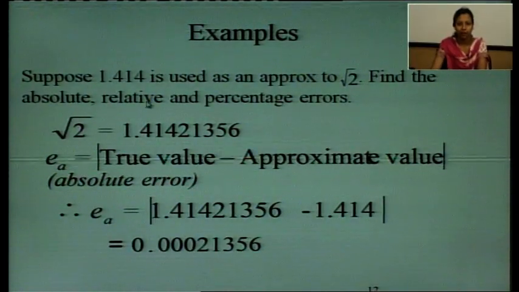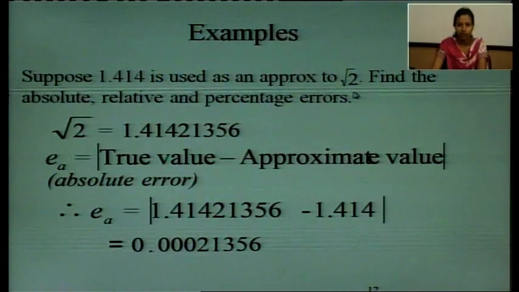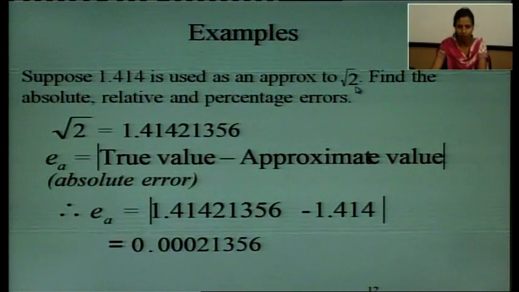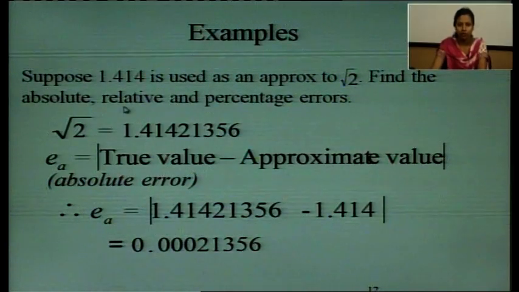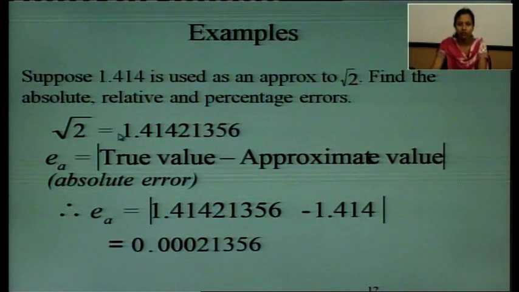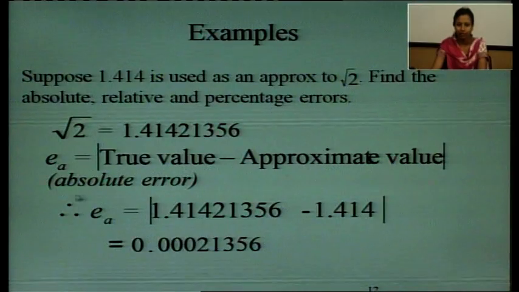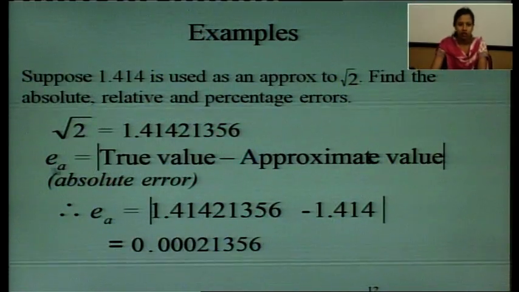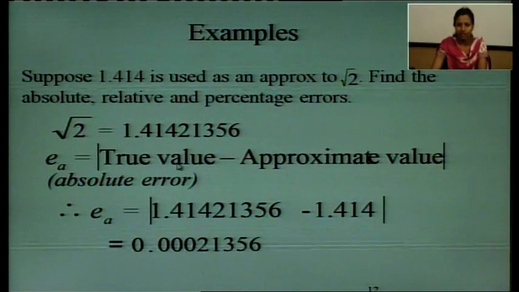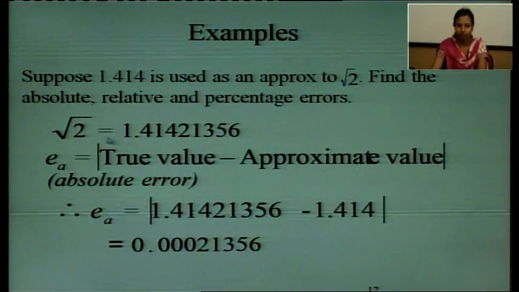So next example, suppose 1.414 is used as an approximation to the square root of 2. Find the absolute, relative and percentage error. Square root of 2 is equal to 1.41421356. We can take any number of figures. So absolute error is the difference between true value and approximate value.